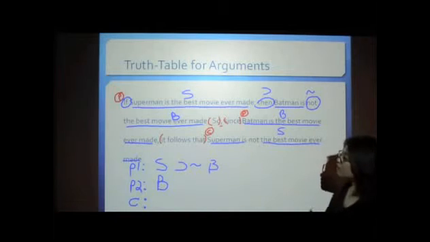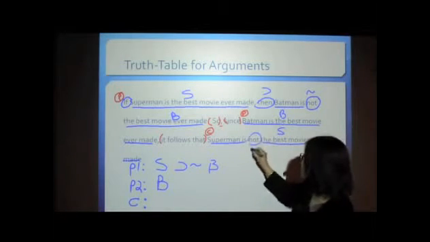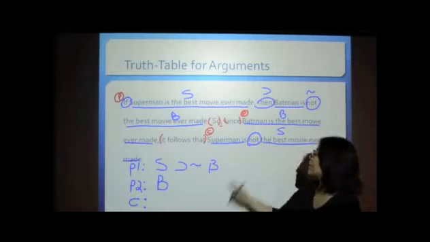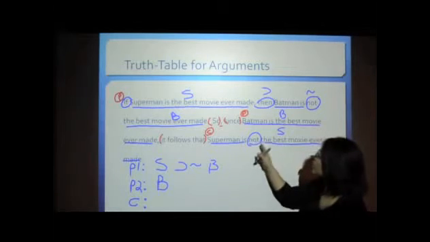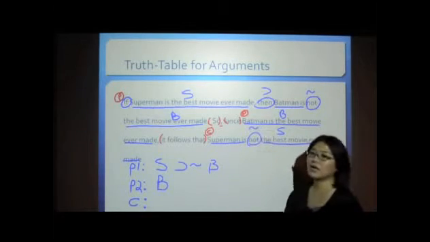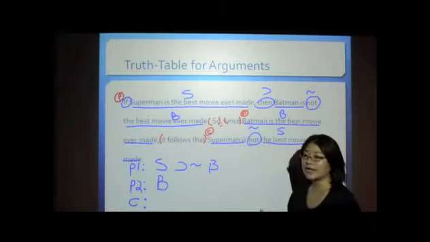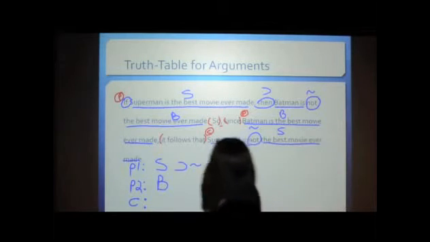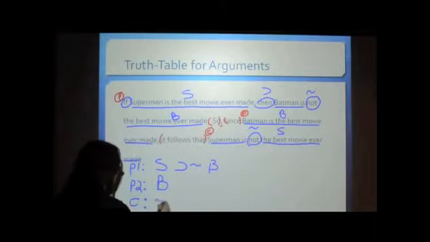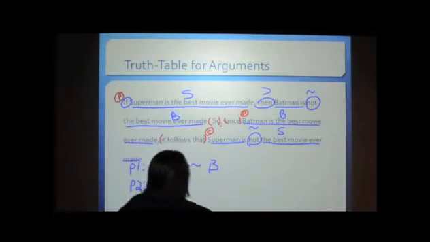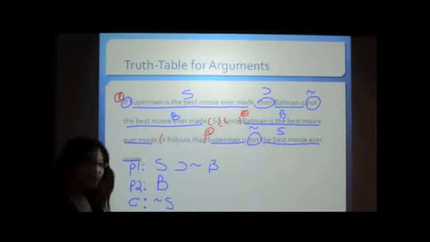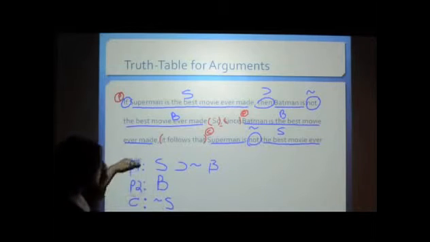And notice here we also have the logical operator negation that's indicated by the not, okay? And so we're going to replace the not with the tilde, which is the logical operator for the negation, okay? So for the conclusion, we have the statement not S, okay? So here we have 3 statements now in propositional logic, the 2 premises and the conclusion, okay?